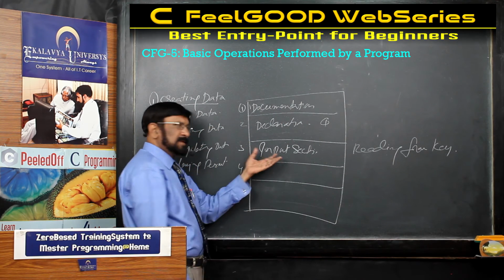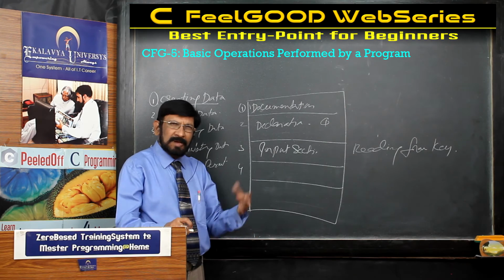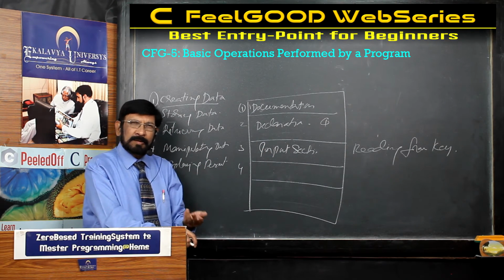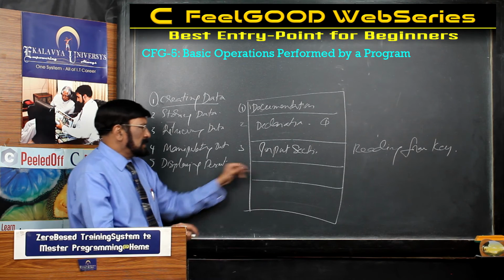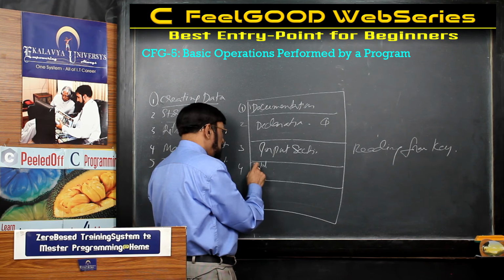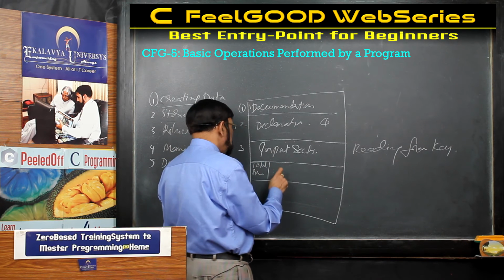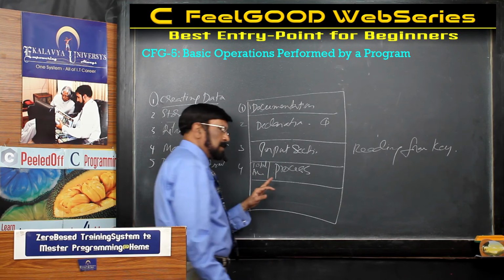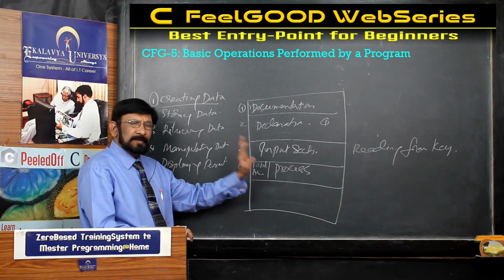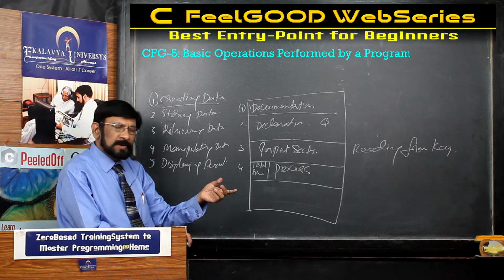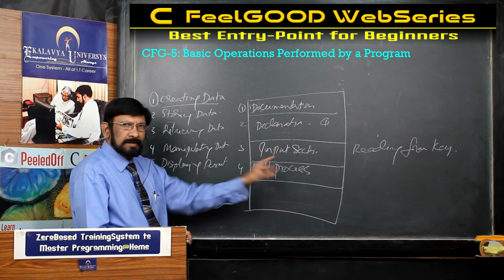Thereafter, the input should be manipulated. Already in a marks report program I showed you. You got marks in 3 papers. Then you find total marks, average marks, etc. This is called process. Normally every program has a processing section, where whatever calculations you have to make, we make.